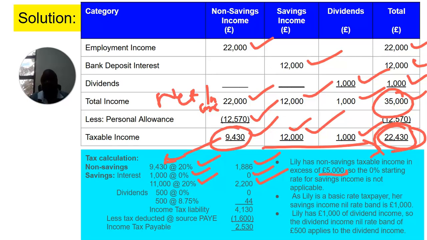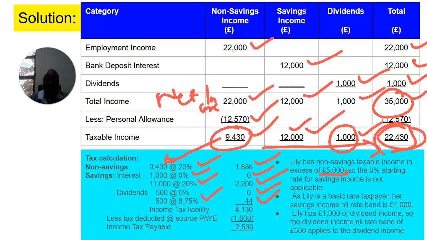Remember, we said on dividends, a taxpayer, no matter what level, is entitled to £500 annually, which is not taxed. And then the remainder, because there was only 1,000 of dividend income, the remainder 500 is then subjected to the tax rate for basic rate taxpayers for dividends, which is 8.75%.